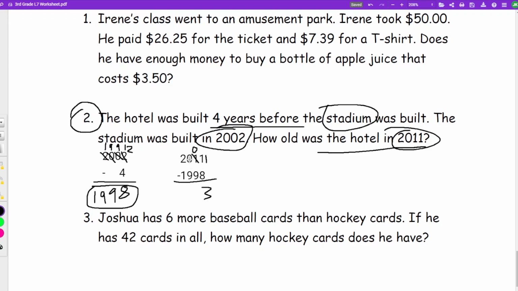Oh, 0 minus 9, can't do that. Oh, there's a 0 here. So I'm going to subtract the 1 from here. This becomes 9 because remember, I have to move 1 over here. This becomes 10. 10 minus 9 is 1. 9 minus 9 is 0. 0. So the hotel was 13 years old.